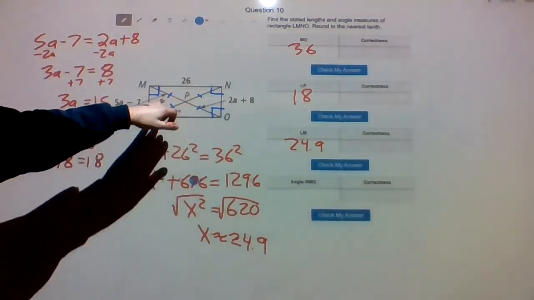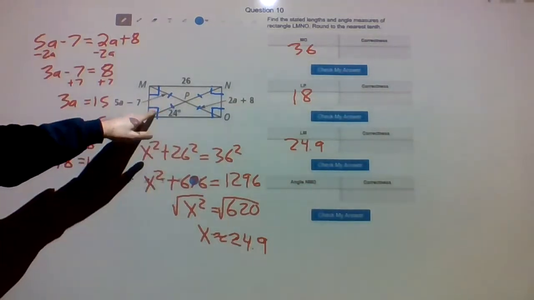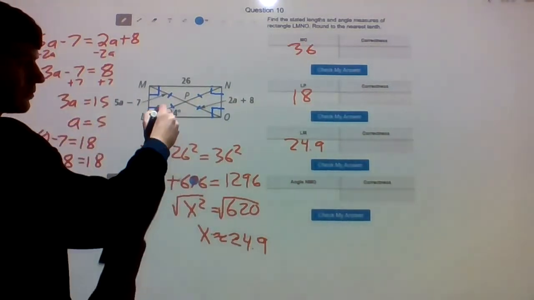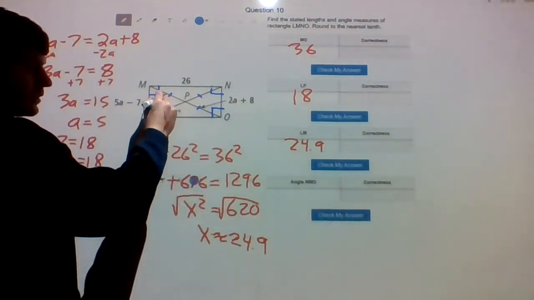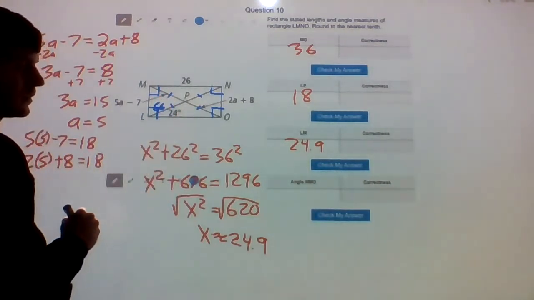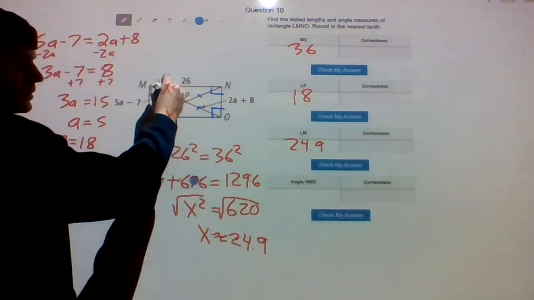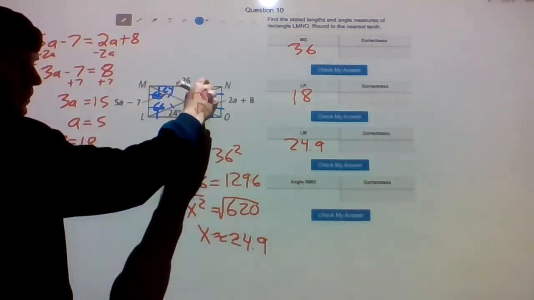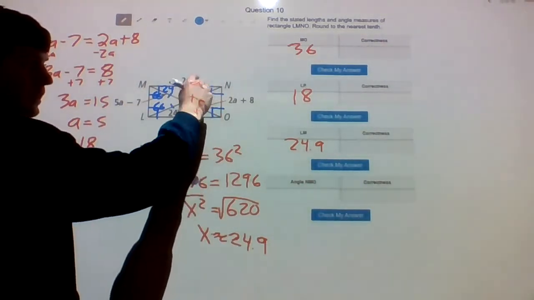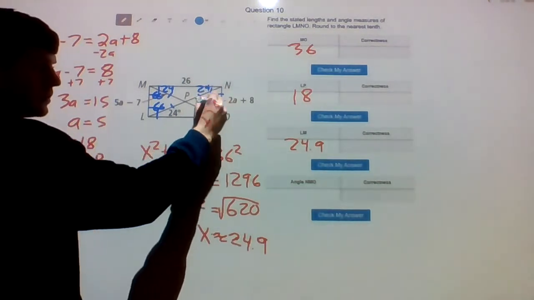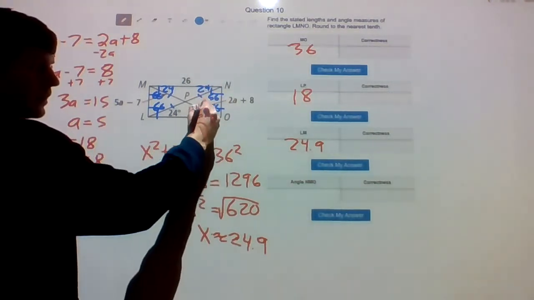This one and this one are congruent, and this one and this one. But 90 minus 24 gives us 66. So up here you have 66. 90 minus 66 is 24. 90 minus 24, 66. And then 24.